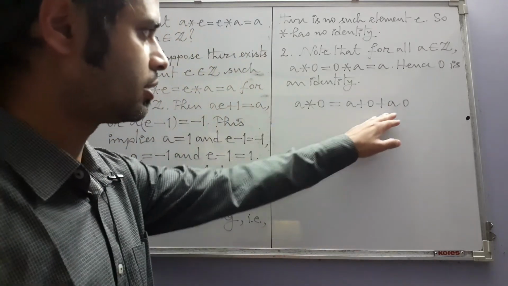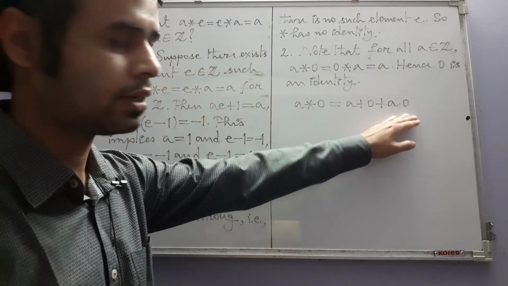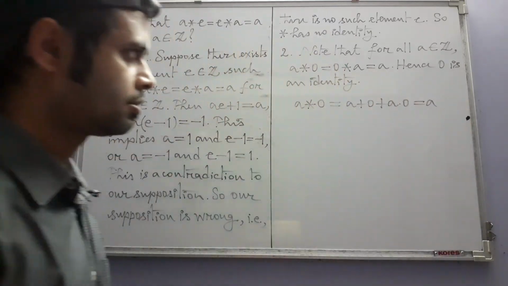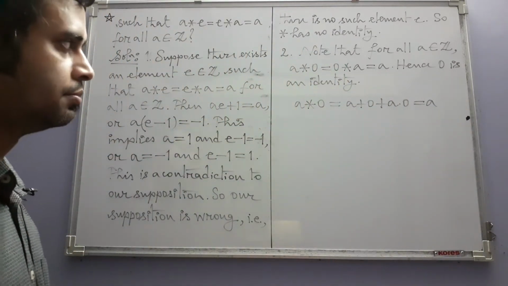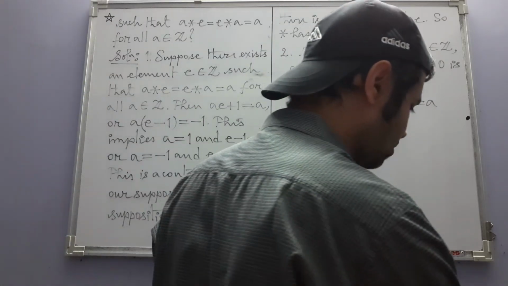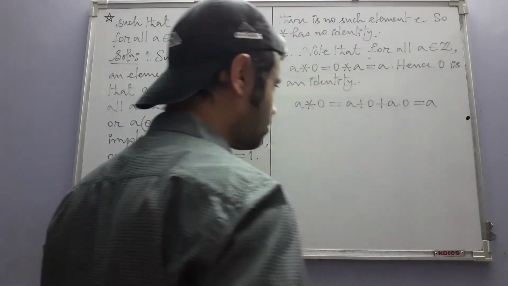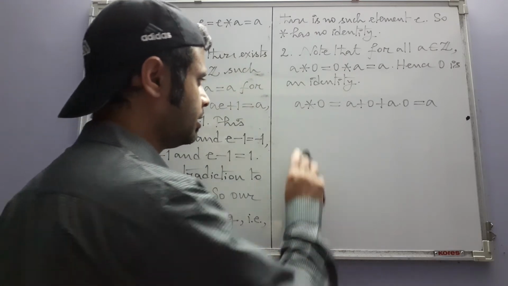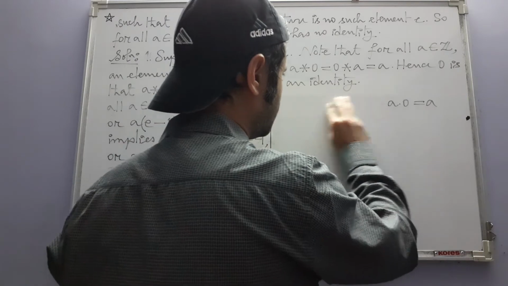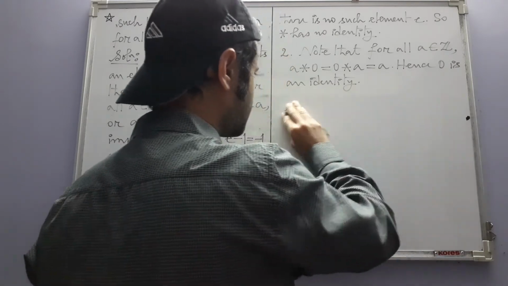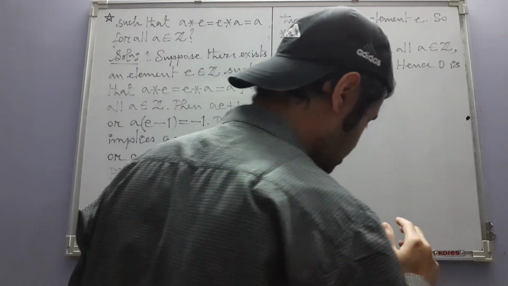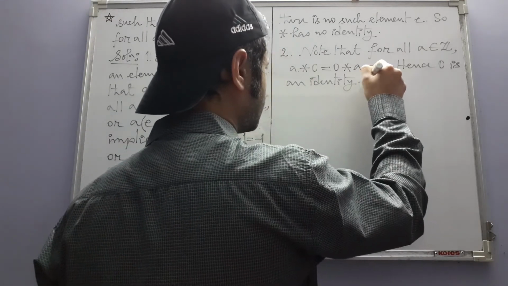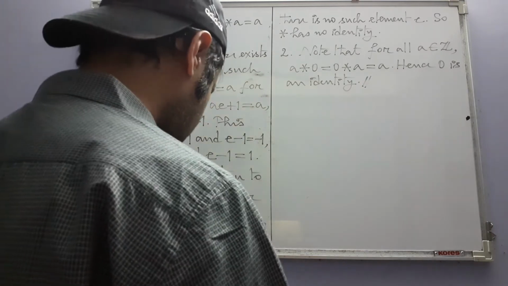This is the ordinary product of the integers a and 0, and this is definitely a, so that's how we are getting this. So 0 acts as an identity. We have been asked to find one identity. We are not concerned about whether 0 is the only identity or not. We don't need to know about those things. The solution asks only if there is one identity or not. So this completes the solution.